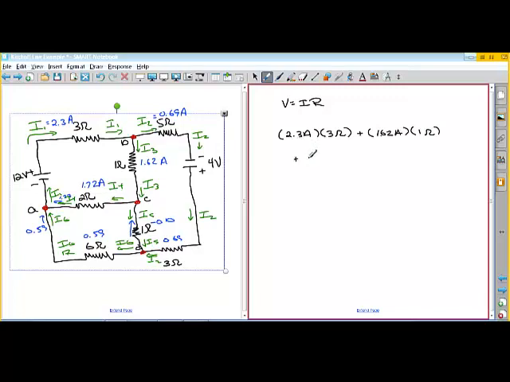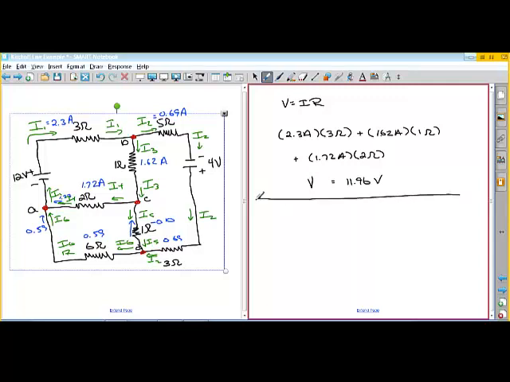And then we have 1.72 amps times 2 ohms. And we put all that together. 2.3 times 3 plus 1.62 times 1 plus 1.72 times 2 is 11.96 volts, which is close to 12. Okay, so that one worked.